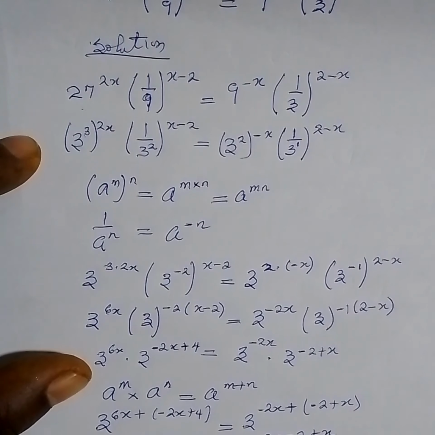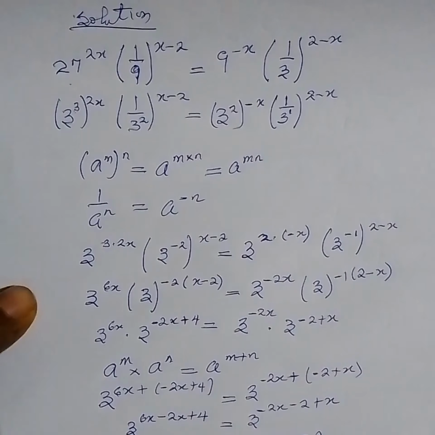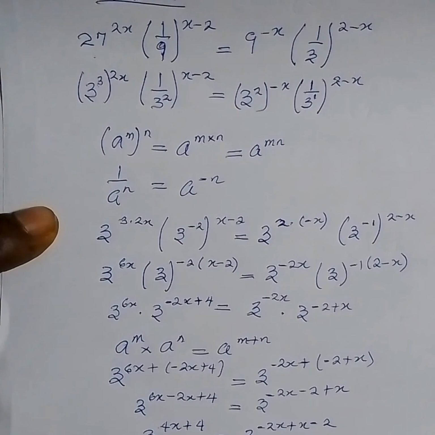So this gives 3 to the power of 4x plus 4 equal to 3 to the power of minus x minus 2. If we further apply another law, which says that if a to the power of x equals a to the power of y, then x is equal to y.